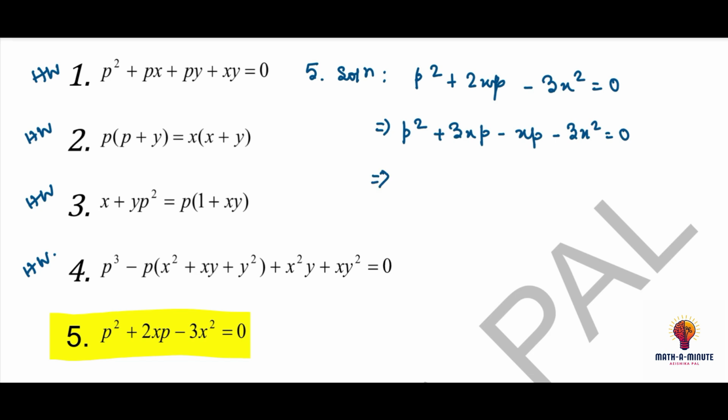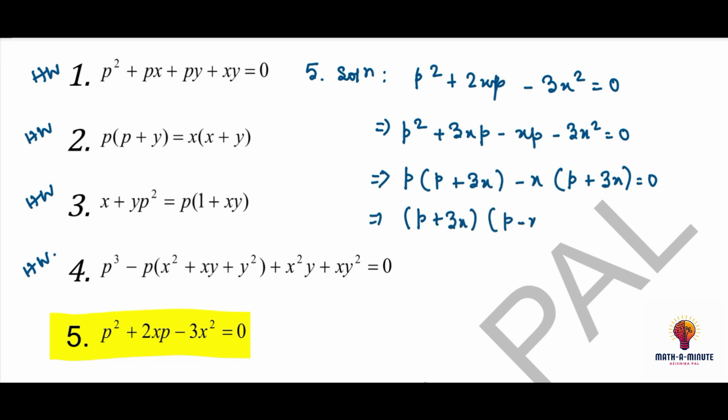We can take p common, so it will be p plus 3x. Okay. And if we take x common, it will be p plus 3x. Okay. So therefore, we can write the given differential equation as a product of (p plus 3x)(p minus x) equals to 0.